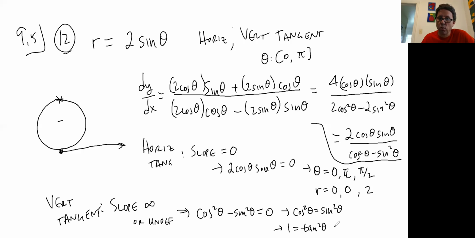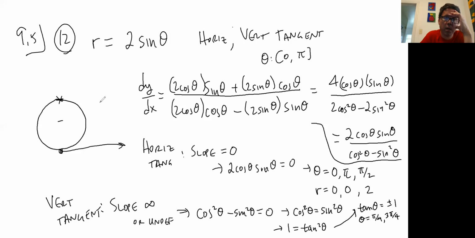And so we're running out of room, but that means that the tangent is plus or minus 1, take square root of both sides. And that occurs at 45 degrees and 135 degrees. So pi over 4 and 3 pi over 4.